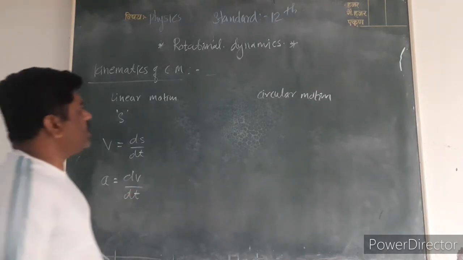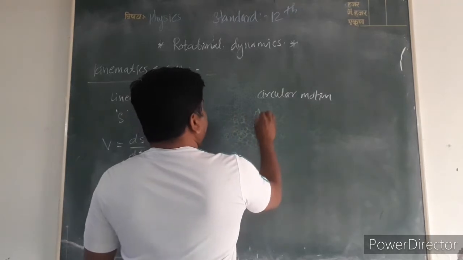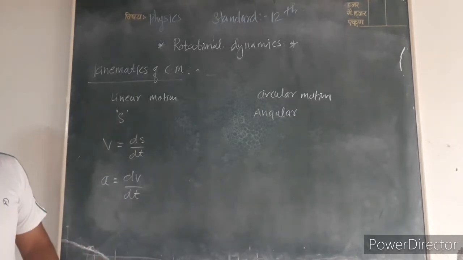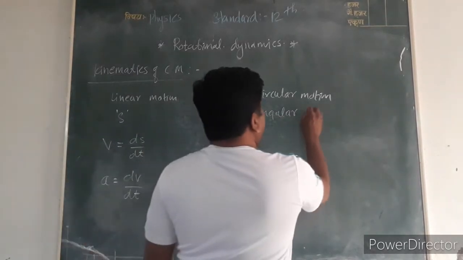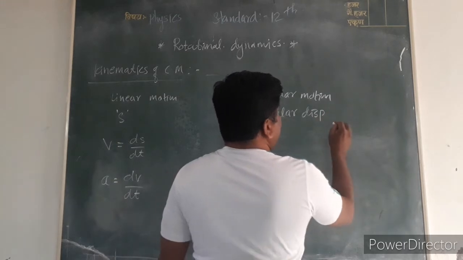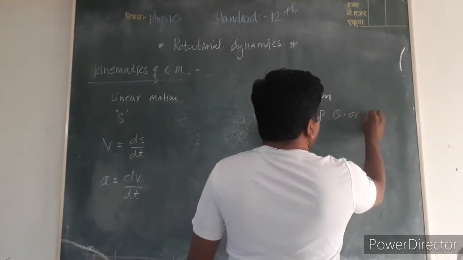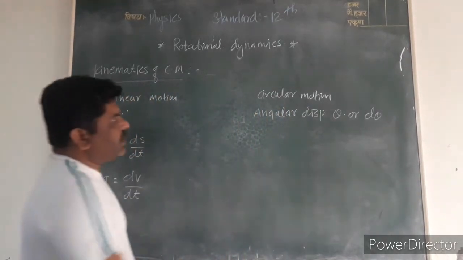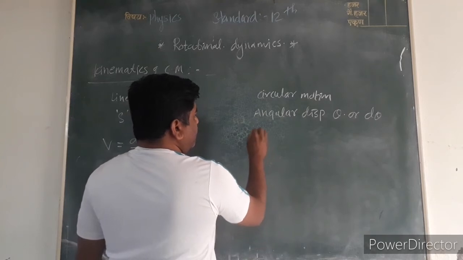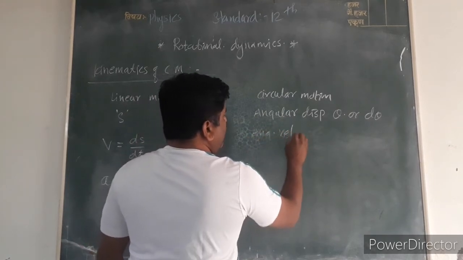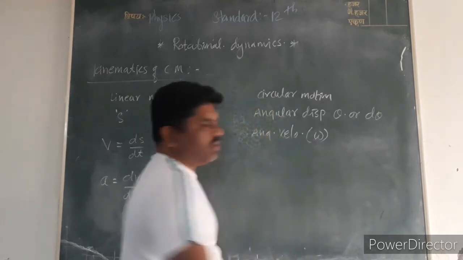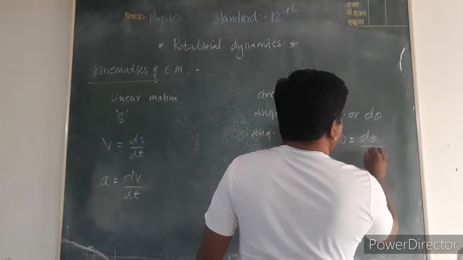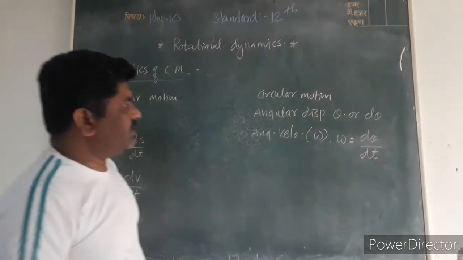But in circular motion, the displacement is nothing but it is called angular displacement, and it is denoted as theta or d theta. In circular motion, the angular velocity is denoted as omega, and it is given as omega is equal to d theta upon dt.